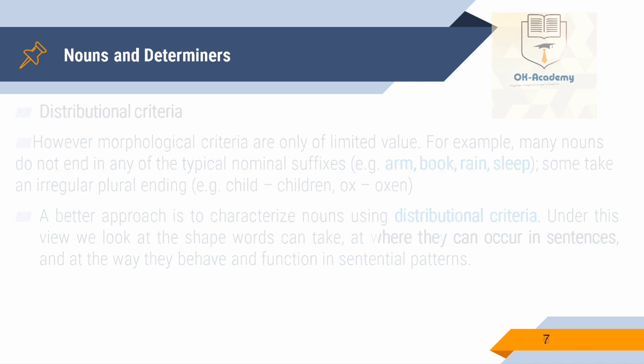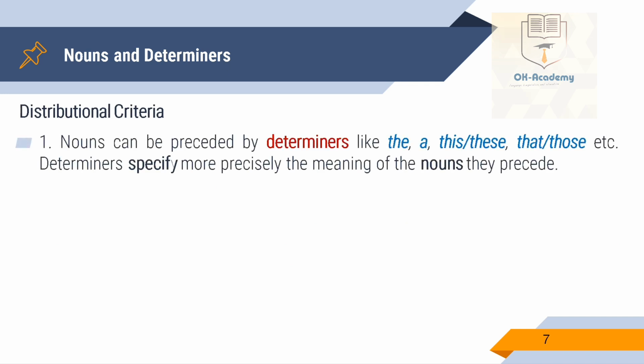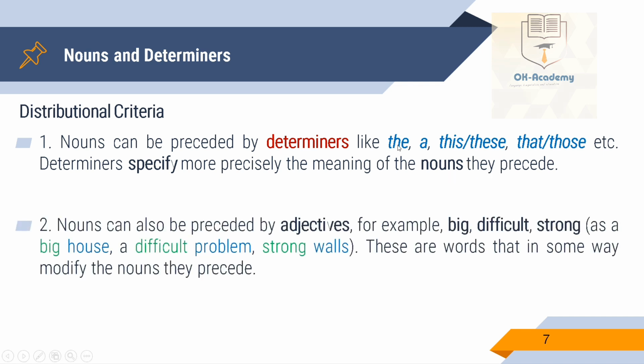So depending on the distributional criteria, nouns can be preceded by determiners like the, a, the articles, and these, that, those, like demonstrative pronouns, and so on. Determiners specify more precisely the meaning of the nouns they precede. So a noun can come after one of the determiners, and nouns can also be preceded.